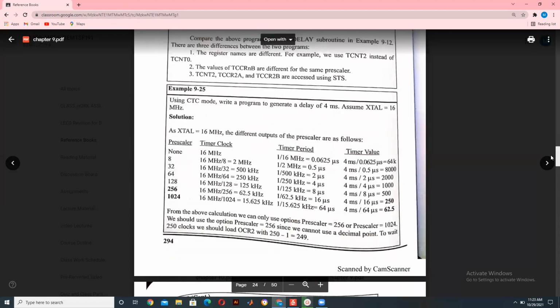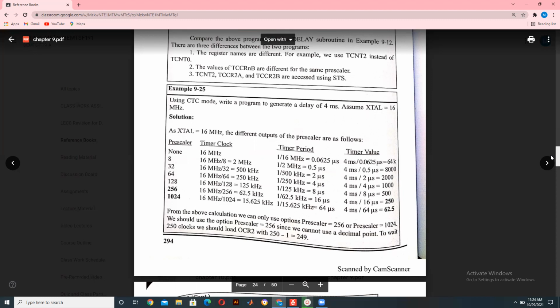In the 25th example, it is using CTC mode. Write a program to generate a delay of 4 milliseconds, assuming XTAL is equal to 16 megahertz. Again, we take the timer clock and divide it by the prescaler 8, skipping the answer with the decimals, and we get 250.